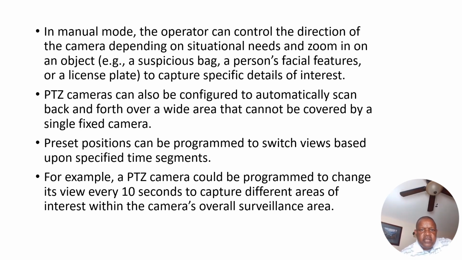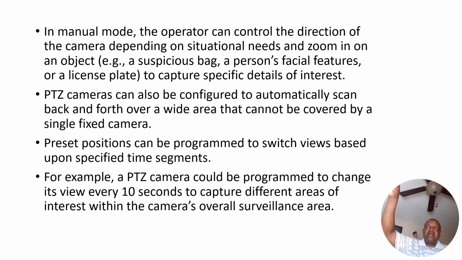In manual mode, the operator can control the direction of the camera depending on situational needs and zoom in on objects. I think we have already gone through this, and we said, for an example, a PTZ camera could be programmed to change its view every 10 seconds to capture different areas of interest within the camera's overall surveillance area. You have seen them on larger poles.